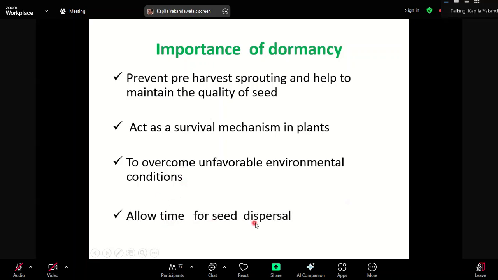It also allows time for seed dispersal, because though a plant produces seeds, immediately the seed will not disperse. As an example, in the case of mango, maybe bats should visit the plant and grab the mango fruit. They will fly away a long distance and eat and drop it, so it needs some time, right? So it allows time for dispersal.